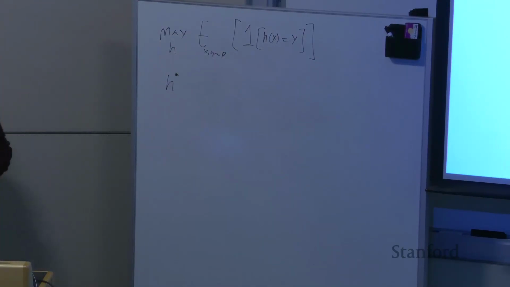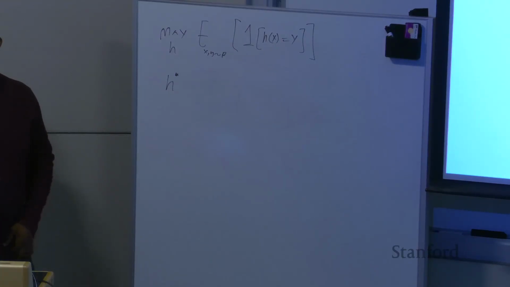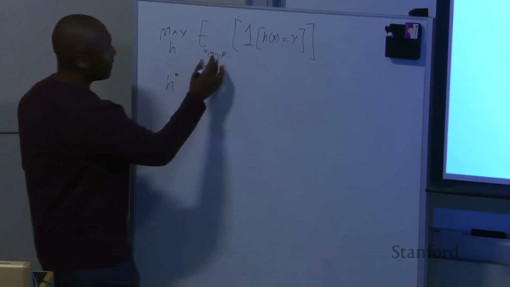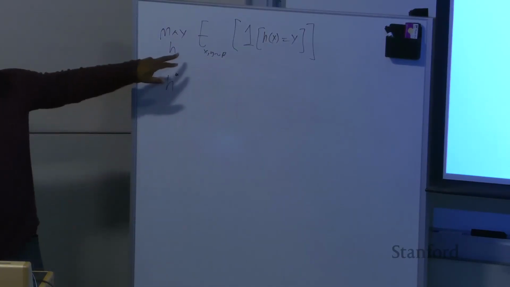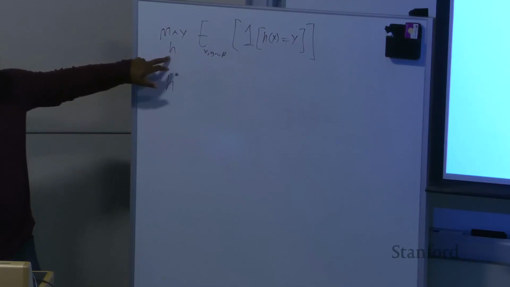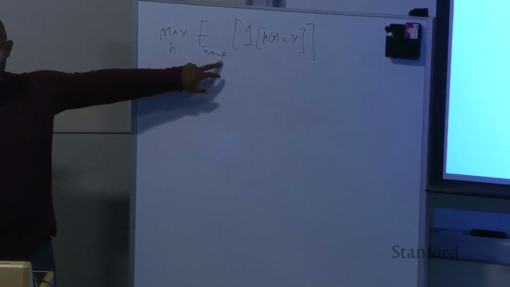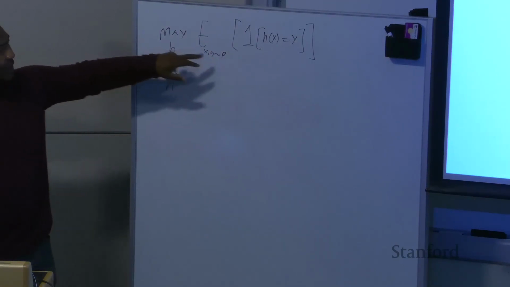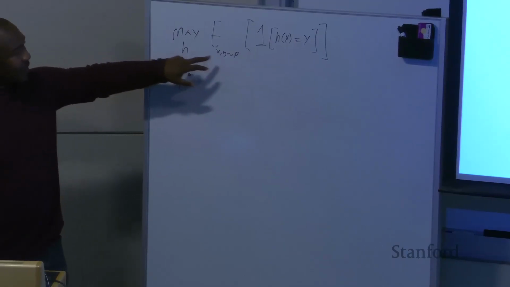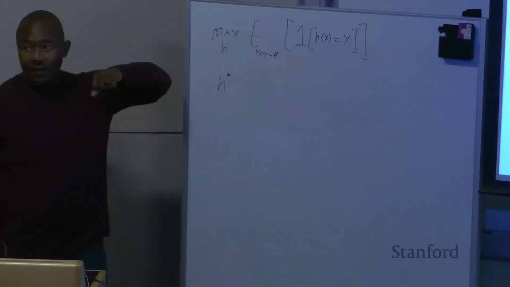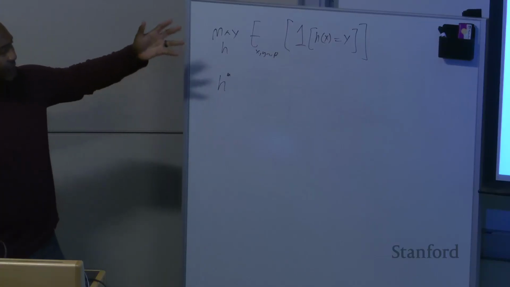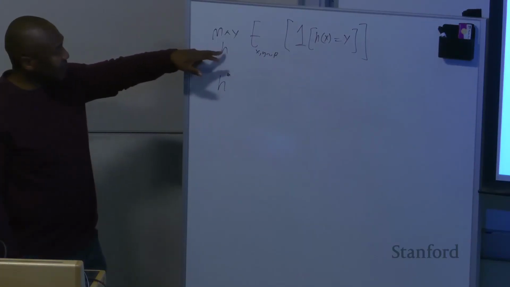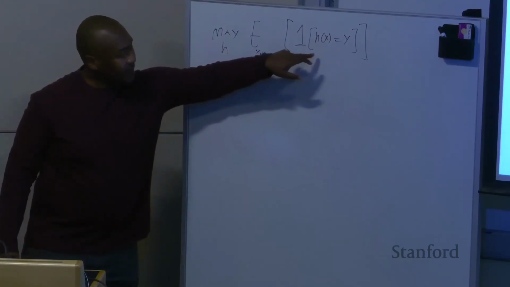You might remember this from before. I know my distribution, I know my p of y, p of x, p of y given x, all that stuff. If I knew my distribution, and I could pick any classifier, including one tied to my distribution, which model should I pick that maximizes accuracy? Similarly, it minimizes errors. So I can rewrite this as the minimum over h of the number of times I make a mistake.